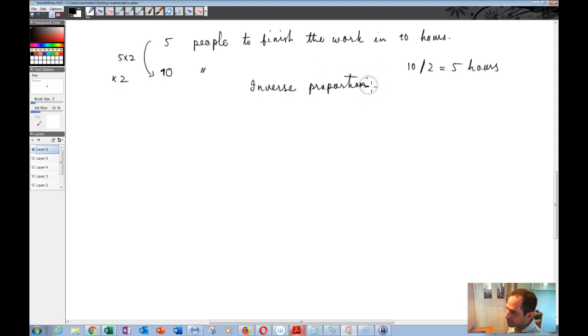And usually the typical example for these kinds of proportions in mathematics textbooks is that some work has to be done, and it takes, for example, 5 men and 3 women to finish the work, and then if we make such changes to the number of people, what's going to happen to the amount of work.